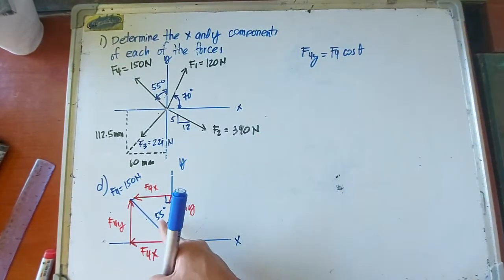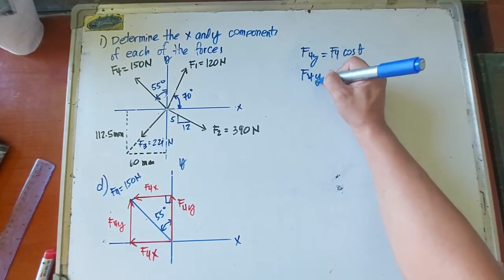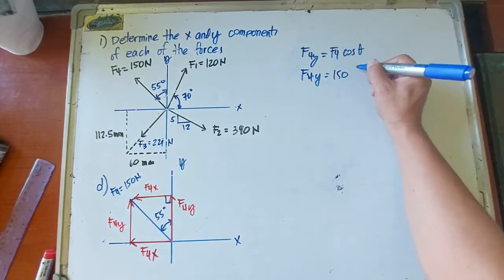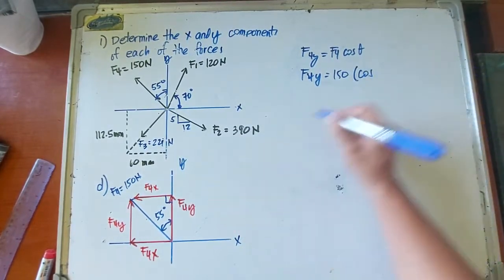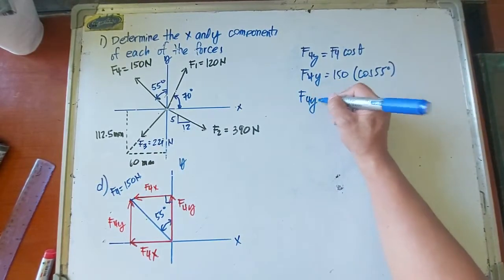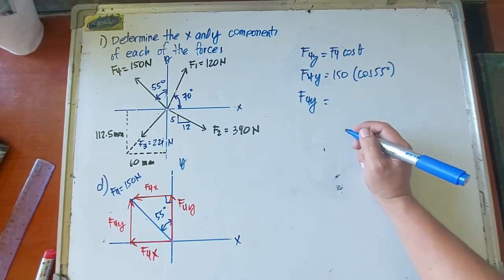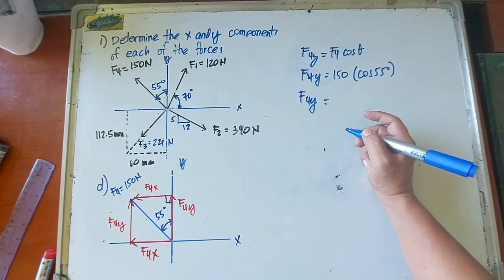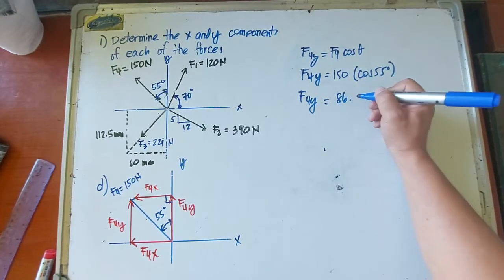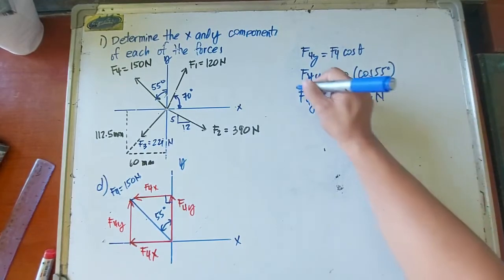In this case we have 55 degrees. So F4Y is equal to F4, which is 150, times cosine of the angle theta, 55 degrees. So F4Y is equal to 86.036 newtons.